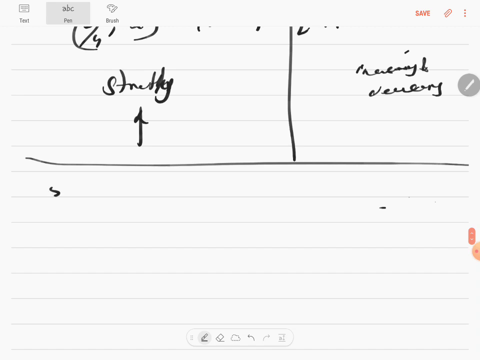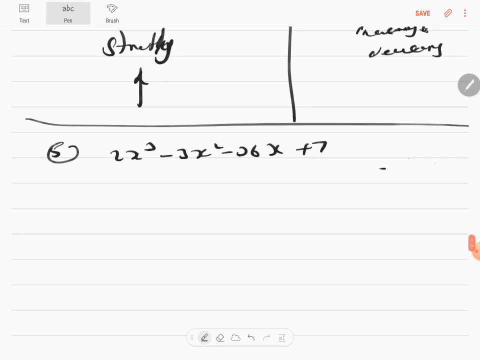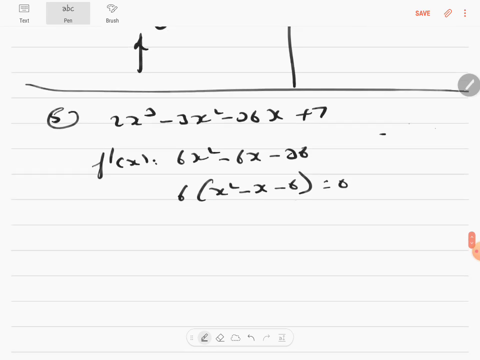The next sum is the fifth question, where 2x cube minus 3x square minus 36x plus 7 is the function. So obviously f dash of x is equal to 6x square minus 6x minus 36. You're going to equate it to 0. Before which you take the 6 out. x square minus x minus 6 is equal to 0, just factorize it. 3 2s are 6. x square minus 3x plus 2x minus 6.